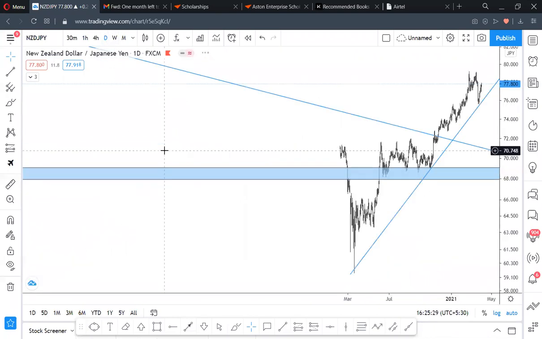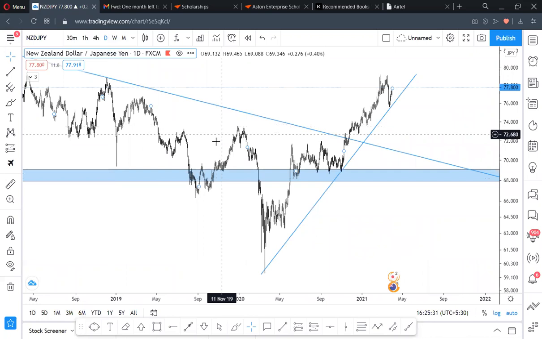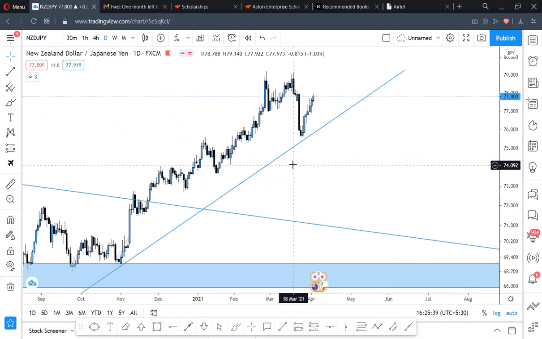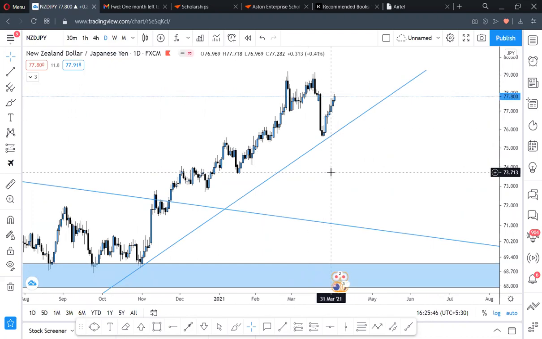So on the daily, this is what we can see. I didn't know it's called the McDonald's pattern. I just call it corrective pattern. The four types of corrective pattern: continuation.